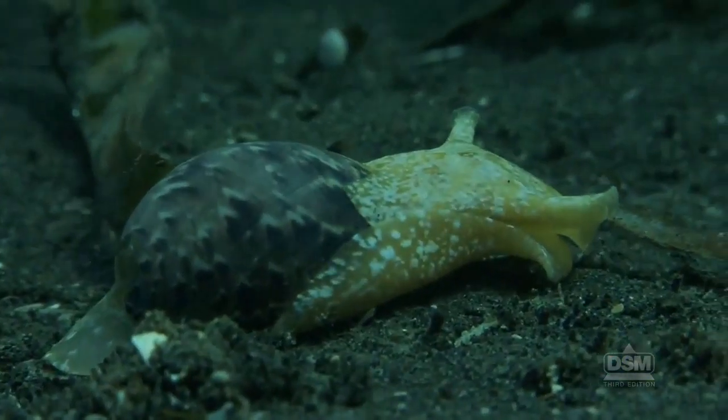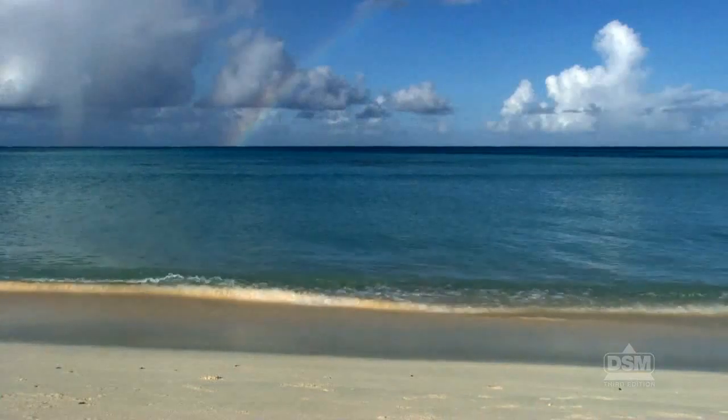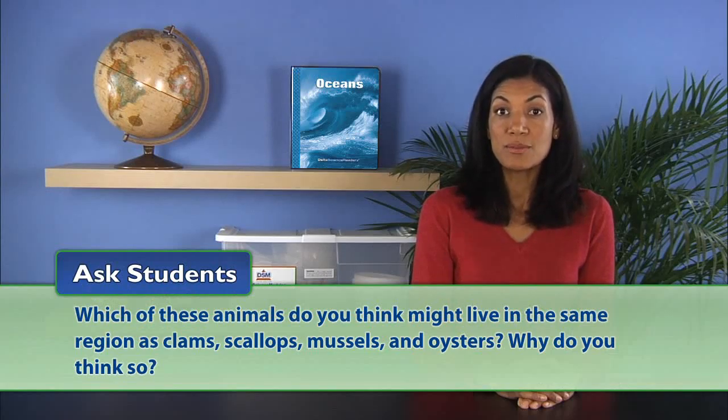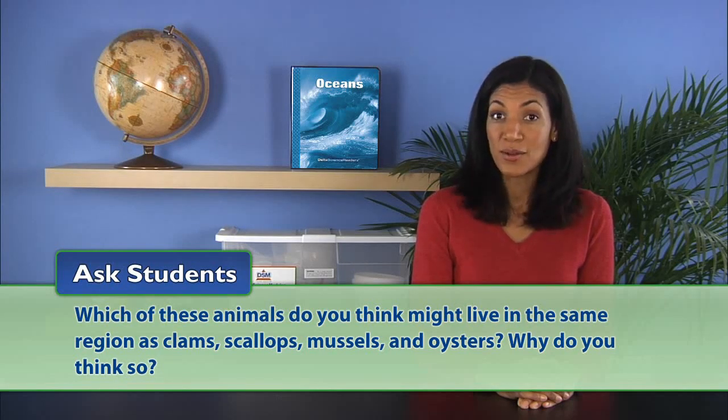Explain that some of these specimens lived in the same habitat as the mollusks, the intertidal zone, that is alternately flooded and exposed. Ask students, which of these animals do you think might live in the same zone as clams, scallops, mussels, and oysters? Why do you think so?